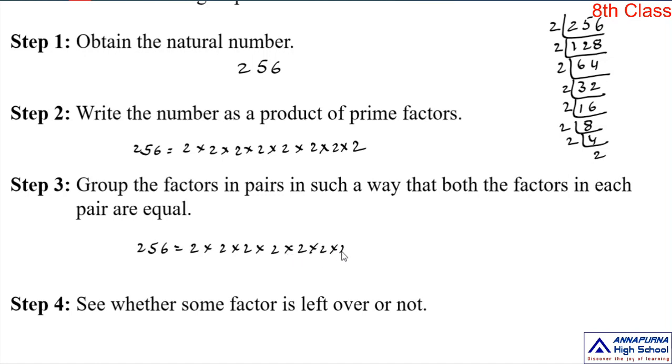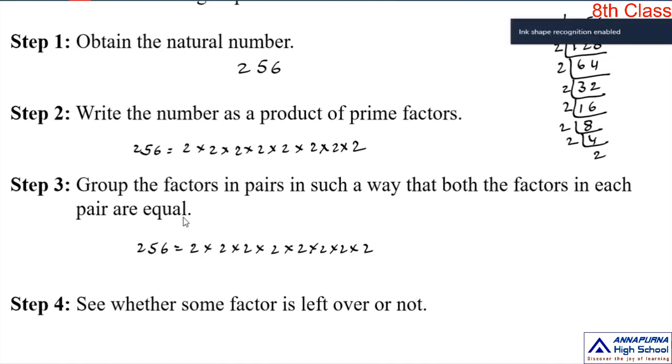Now group the factors in pairs. Pair means 2, so let us take 2 factors. Both the factors in each pair should be equal.